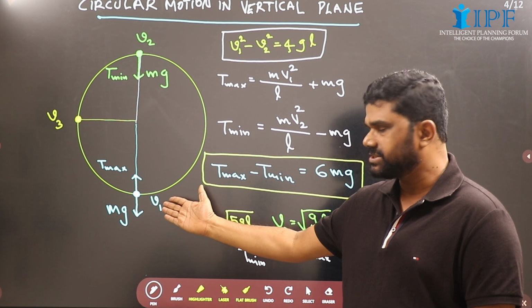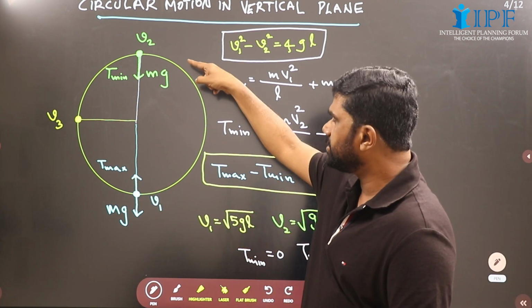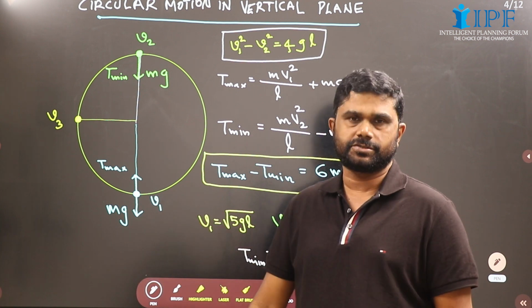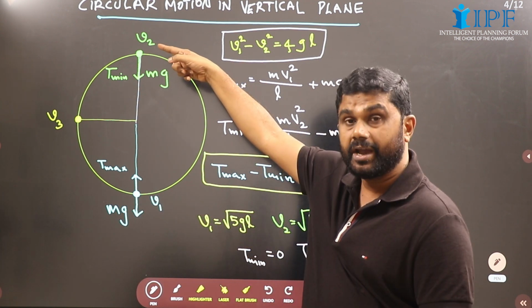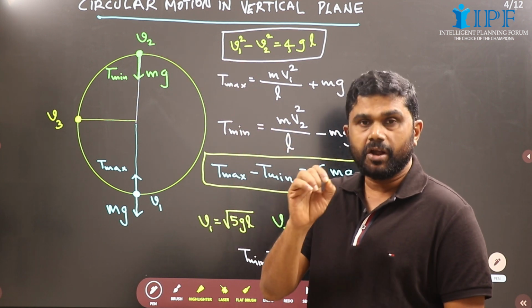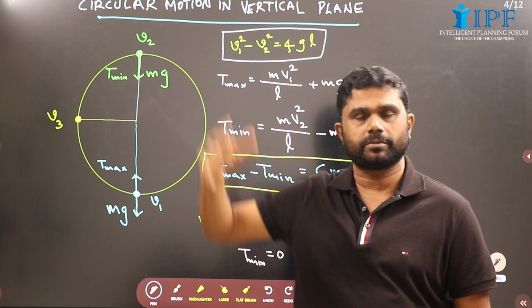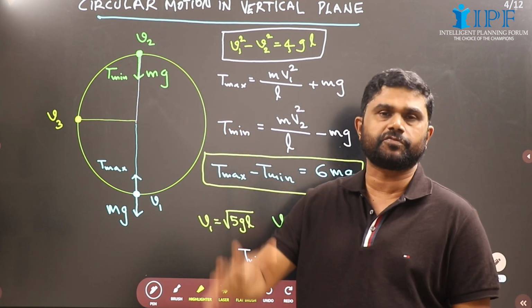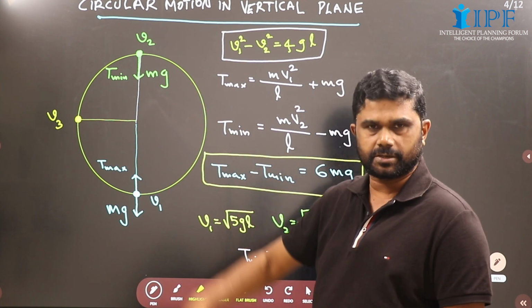If we give a velocity that is less than root 5gL at the lowest point, it will go like this and return. If the velocity is slightly increased, it will go a little bit higher and then return. If the velocity given at the lowest point is root 5gL or more, it can be anything more than root 5gL or equal to root 5gL, then only it will complete the vertical circle.